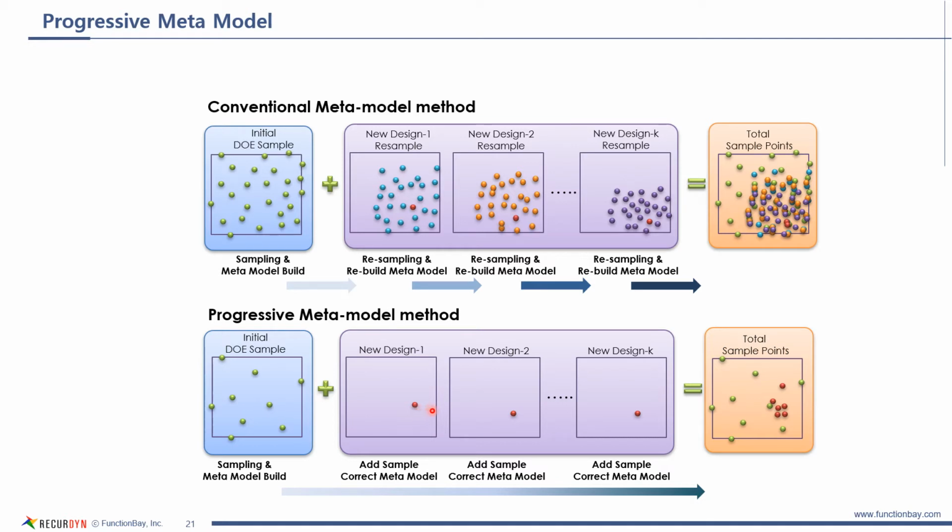And the previous MetaModel is updated using this one additional sample. So, each MetaModel update only requires one more simulation run, which means it requires much less simulation time. In other words, progressive MetaModel can reduce the number of simulations to create the MetaModel. So, the optimization time can become even faster.